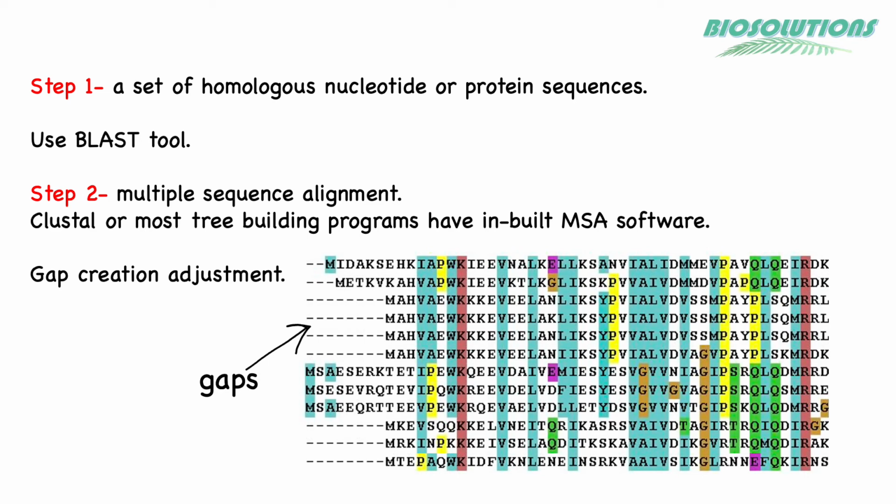Here the figure shows a MSA for multiple protein sequences which also have some gaps. In MSA, gap creation is adjusted and extensions are applied to optimize the alignment. Phylogenetic analysis is only performed on those regions of the MSA for which data is available for all taxa.